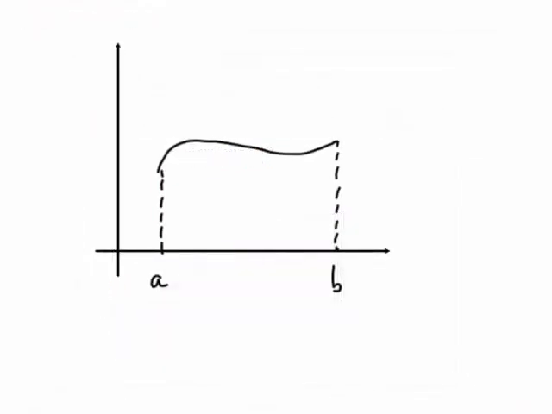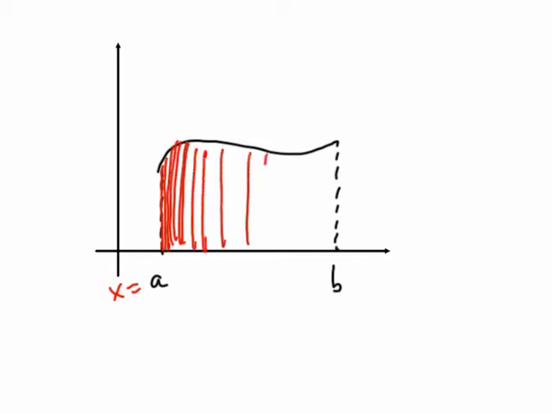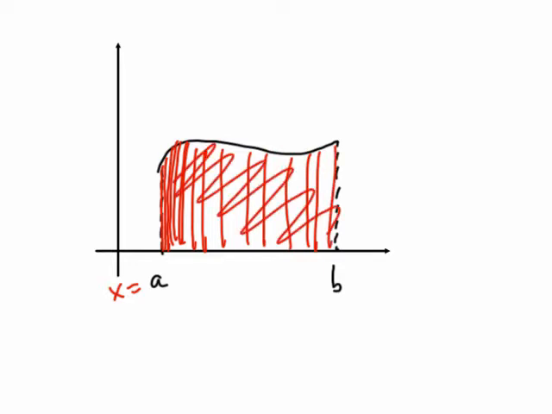So we can think of the area under a curve f of x between x equals a and x equals b as being the sum of an infinite number of infinitely thin rectangles, delta x approaching 0, stacked from x equals a up to x equals b. The sum of all of those will be the actual area under the curve.